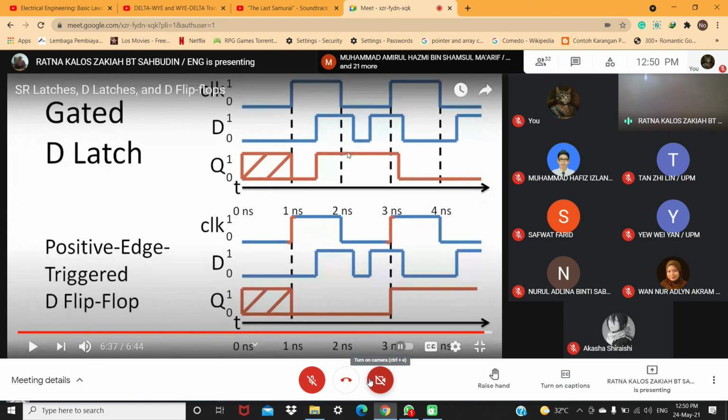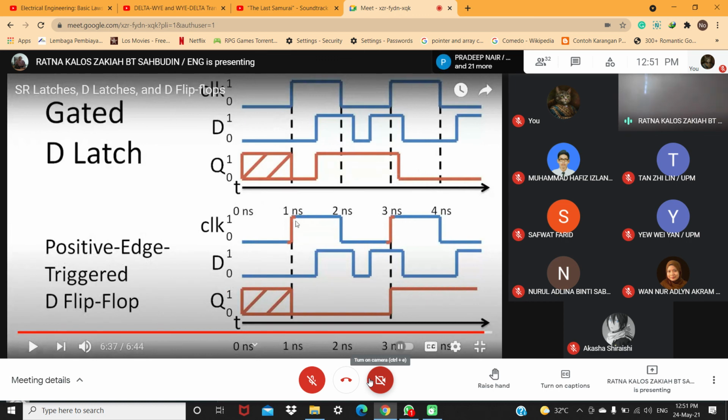So it's going to stay high even though the input is low, until the clock is high again. Then when the data goes low, the output goes low and stays low. Why? Q follows D. For the gated D latch, Q follows D when the clock is high. That's why you have this kind of output waveform.